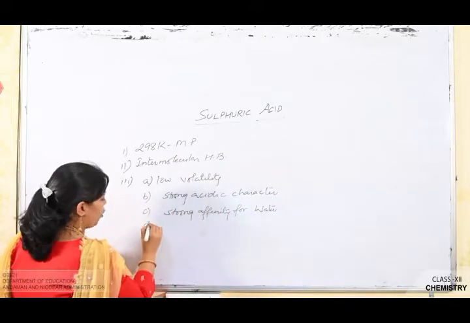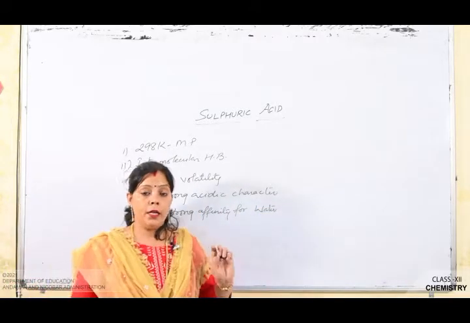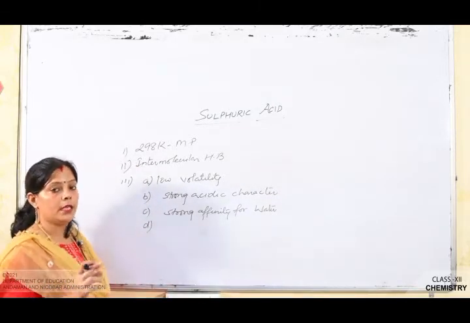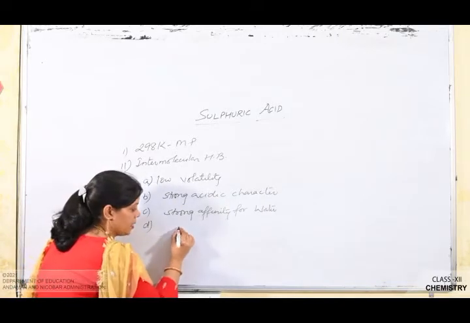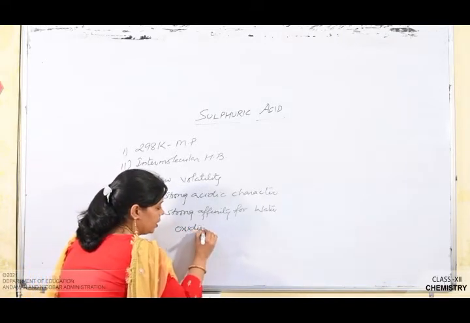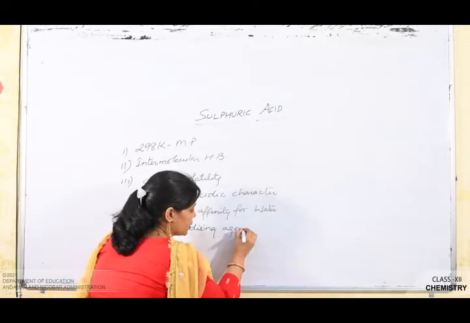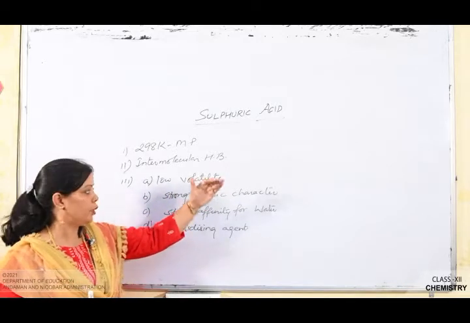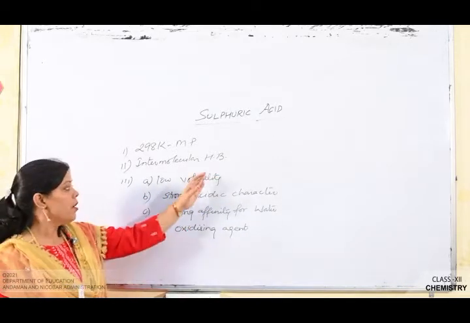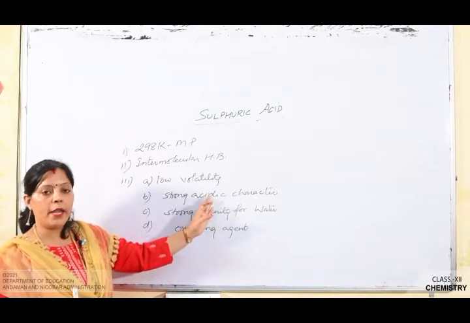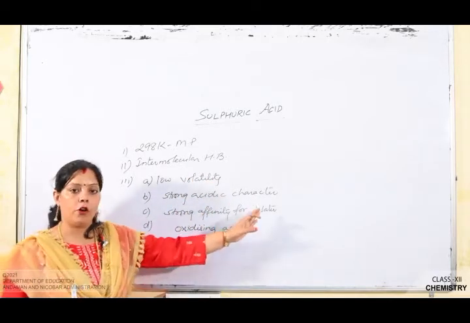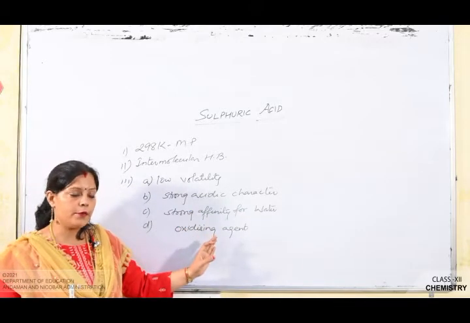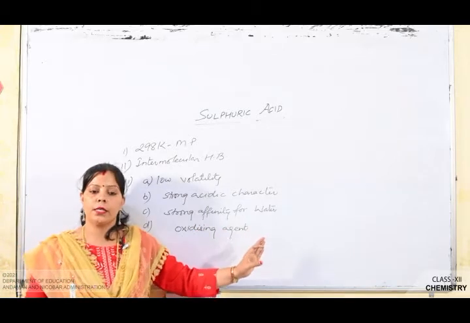That's why when water is dissolved in sulfuric acid, it dissolves with the evolution of a large amount of heat. And another is the ability to act as a strong oxidizing agent. So the chemical reactions of sulfuric acid are mainly due to these properties: first the low volatility, next the strong acidic character, the strong affinity for water, and last the ability of concentrated sulfuric acid to act as a strong oxidizing agent.